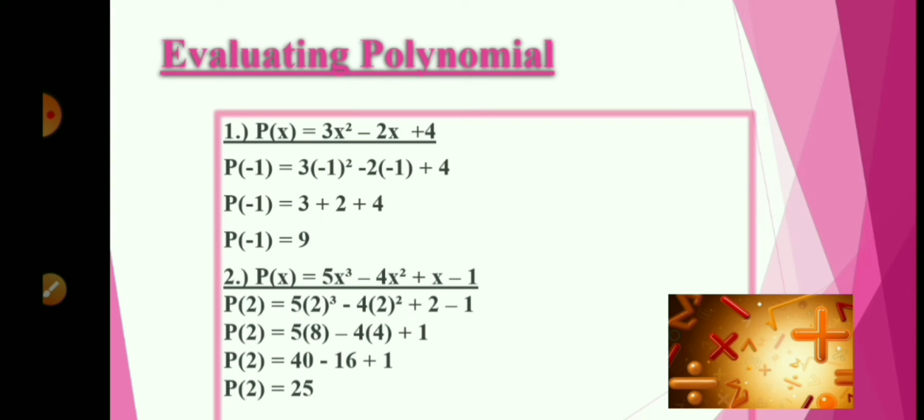Then 2 cubed is equal to 8, so we multiply it by 5, and 2 squared is equal to 4. Then plus 1, because 2 minus 1 is equal to 1. 5 times 8 is equal to 40, and -4 times 4 is equal to -16, and then plus 1. Then we simplify: 40 minus 16 plus 1 is equal to 25. So that is how we're going to evaluate a polynomial.